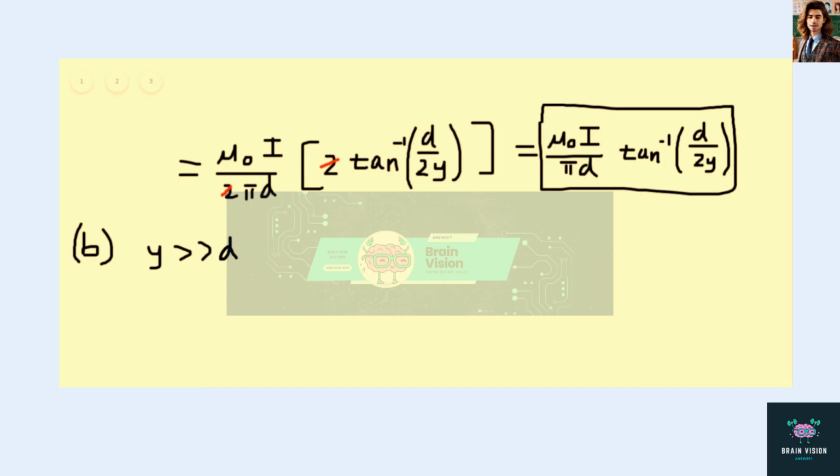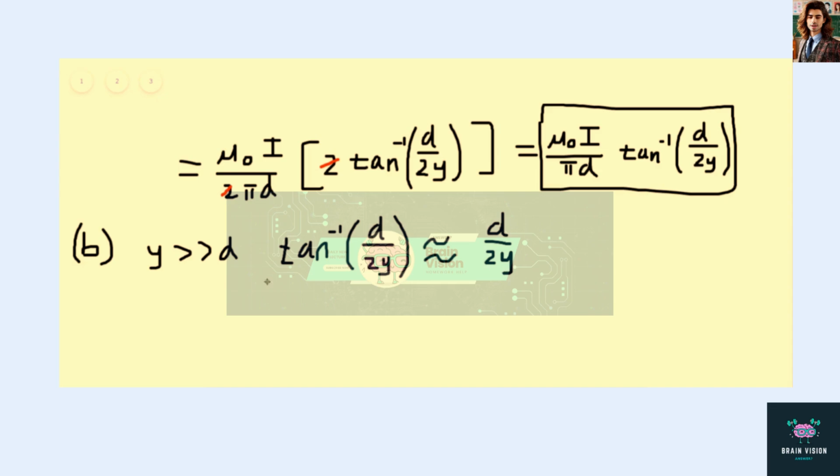So when y is much greater than d, d over 2y is a very, very small number. So that means the inverse tangent of d over 2y is the inverse tangent of a very small number. So we can use our approximation to show that the inverse tangent of a very small number is just equal to approximately that very small number, which is d over 2y. Again, that's only true if y is much greater than d.